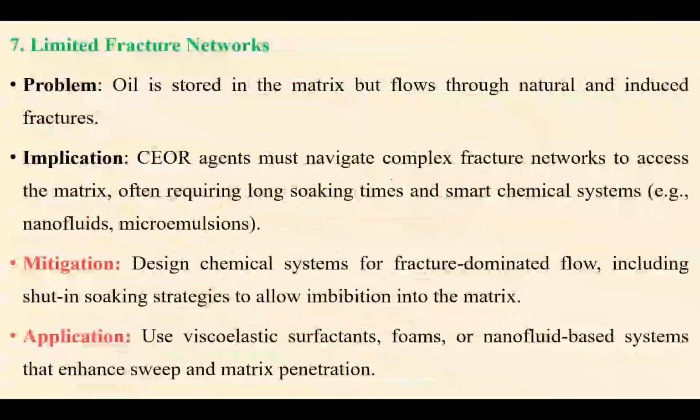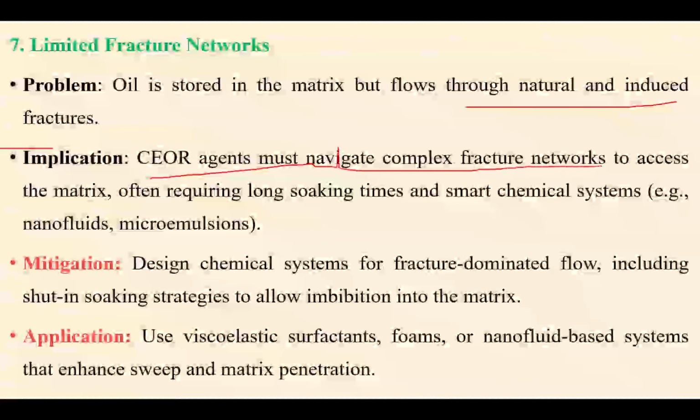Then the fracture network. Oil is stored in the matrix but flows through the natural and induced fractures. So chemicals must navigate the complex fracture network to access the matrix, particularly when there is a natural fracture or induced fracture.